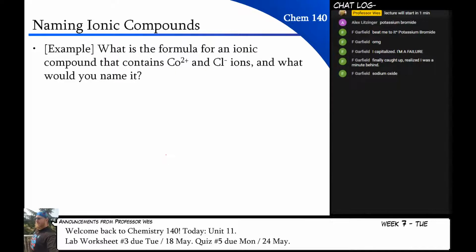All right. How about this one? I'm going to take cobalt with a 2+ charge, and I'm going to take chloride with a minus charge. What's the formula that you get when you stick these ions together, and then what name would you call it?